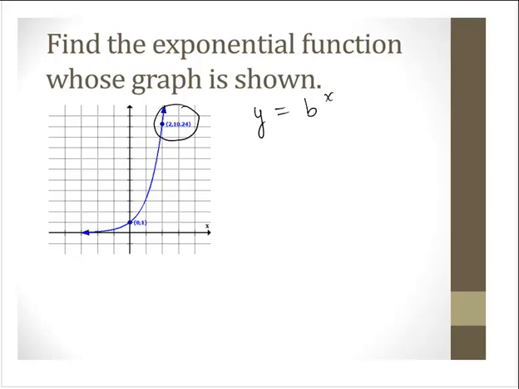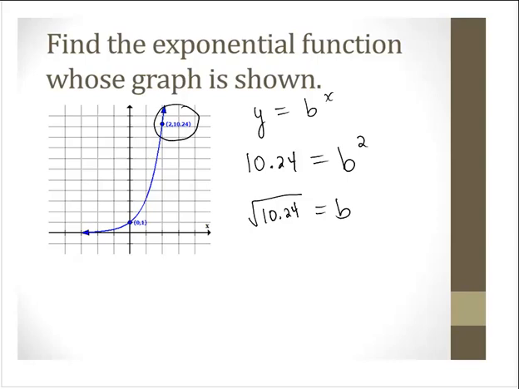Well, that means that 10.24 should be equal to b to the second power. Applying square roots, b would equal only the positive square root of 10.24. We can't have a negative value for b in this situation, or we don't have an exponential function.